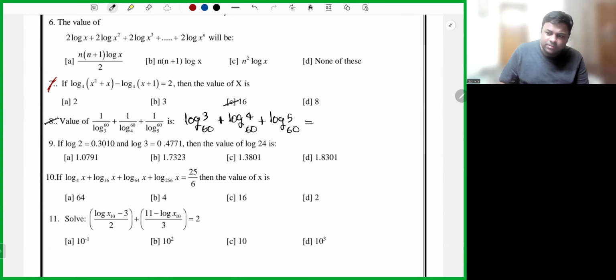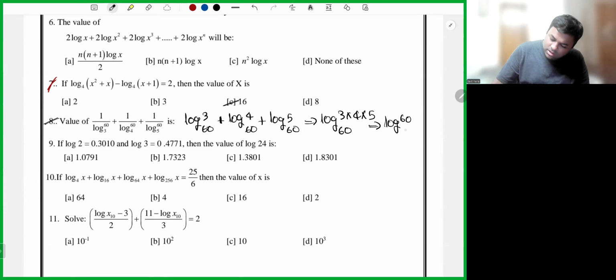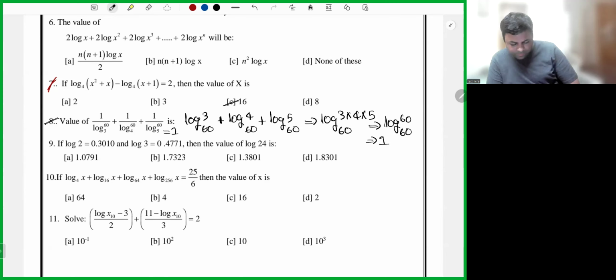What is log a plus log b? Log ab. Log 3 into 4 into 5 to the base 60, so log 60 to the base 60, which is simply equals to 1. So this entire 8th one value will be 1.